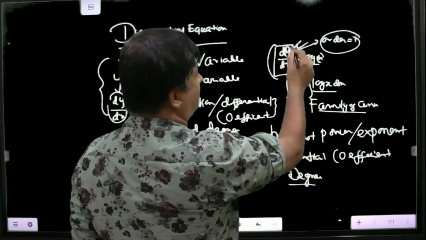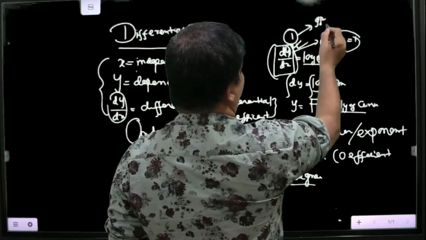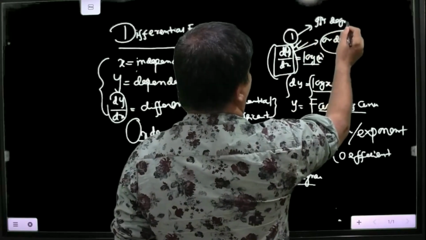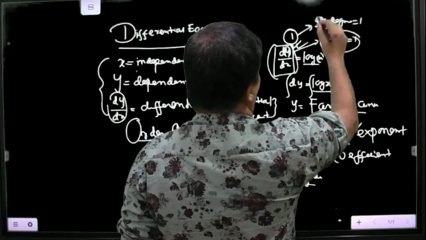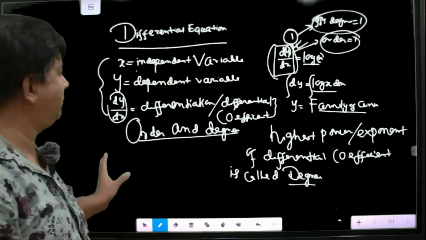What is the highest power of this? 1. So, its degree is 1. Okay. So, could you follow the order and degree of a differential equation?